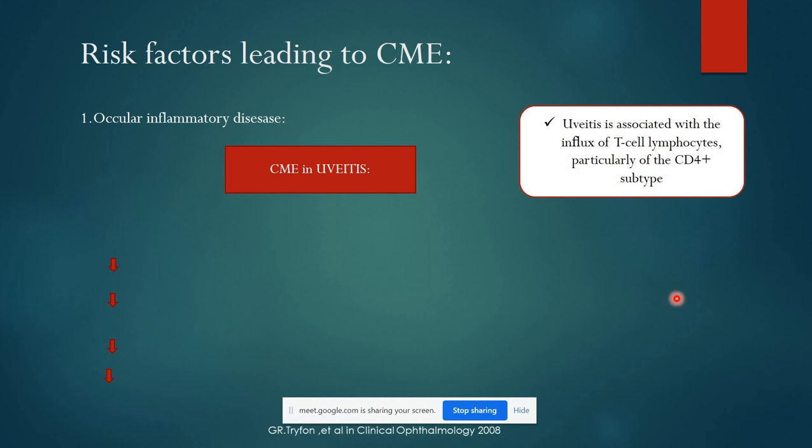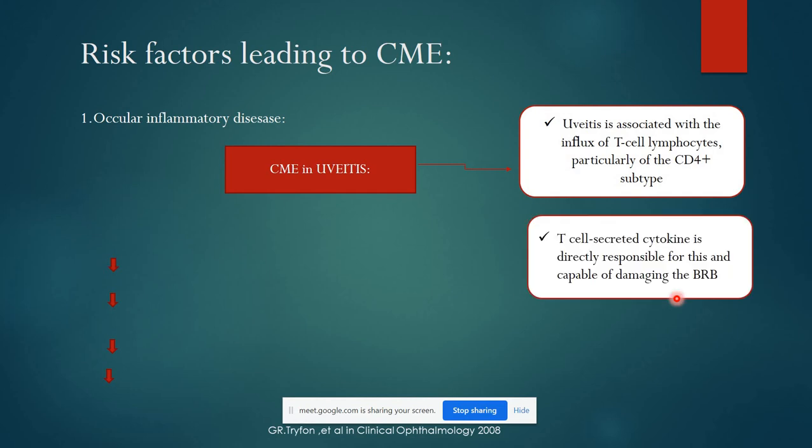Both are T cells, and that is what stimulates CME. What the T cells actually do is stimulate cytokines, which in turn increase the permeability of the endothelium of the retinal vessels.